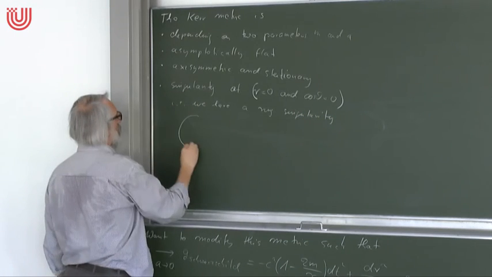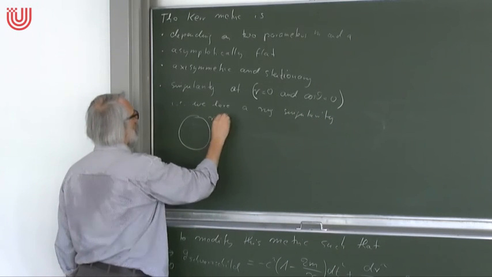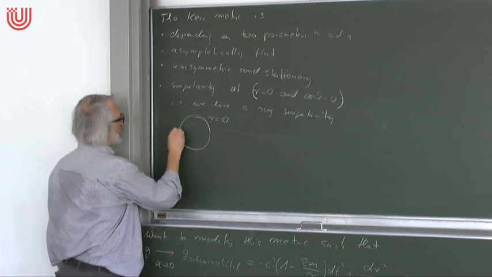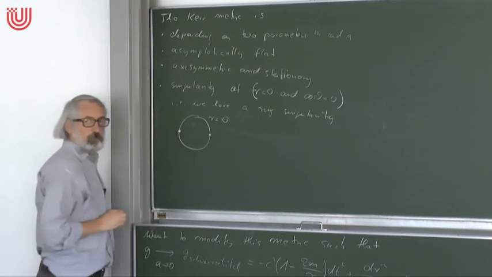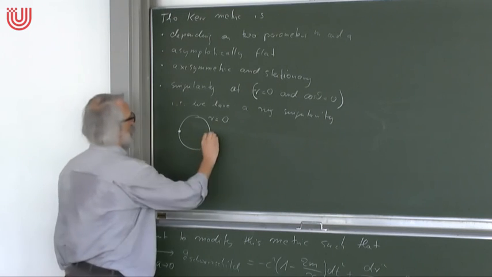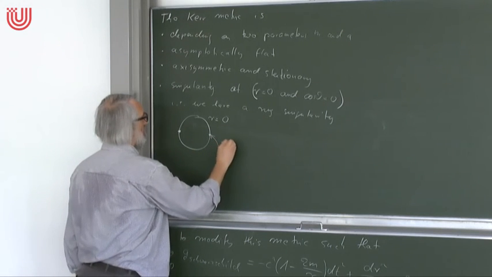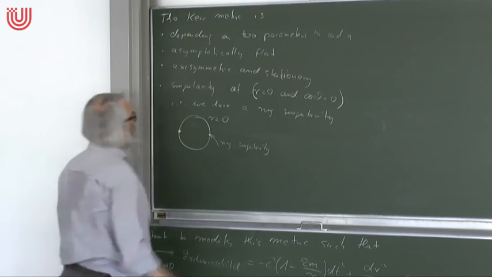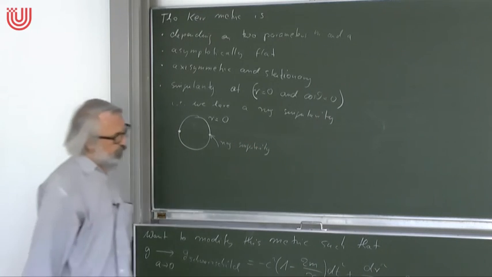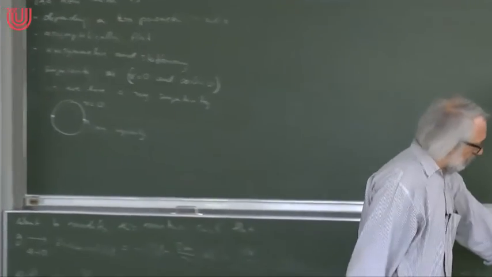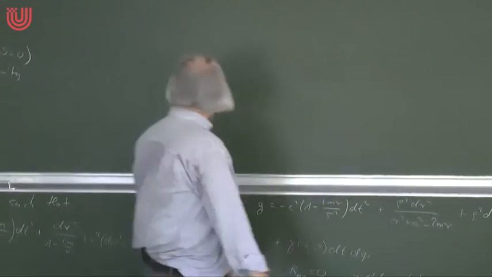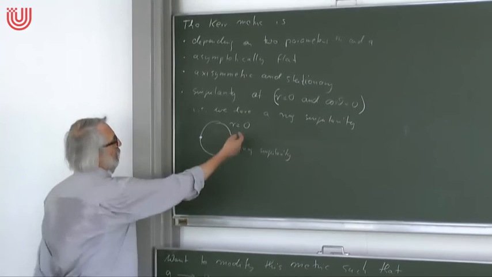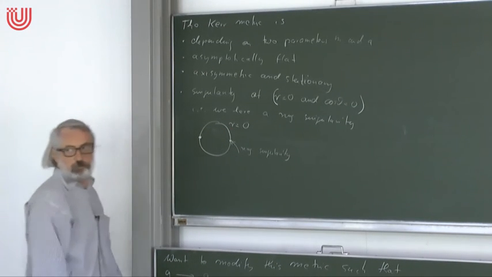So r equals 0 is a sphere with a finite area. And only in the equatorial plane, where also cosine theta is equal to 0, there we have the ring singularity. r equals 0 is a sphere which has a finite area. You can read it from these angular terms. And this means you can extend the metric through this sphere r equals 0 into the range of negative r.